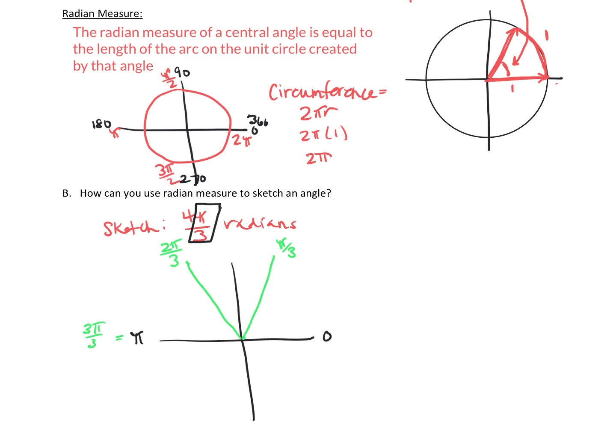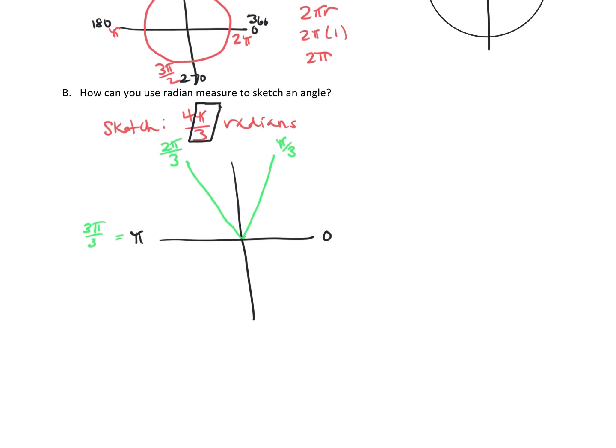Well, how many pi over 3 sections do we need for our angle measure? We need 4 of them. So we don't have enough. 1 pi over 3, 2 pi over 3, 3 pi over 3. We need another one. So now we divide the bottom half into 3's. We take the bottom, we know from here to here is another pi. We're going to divide that into 3.